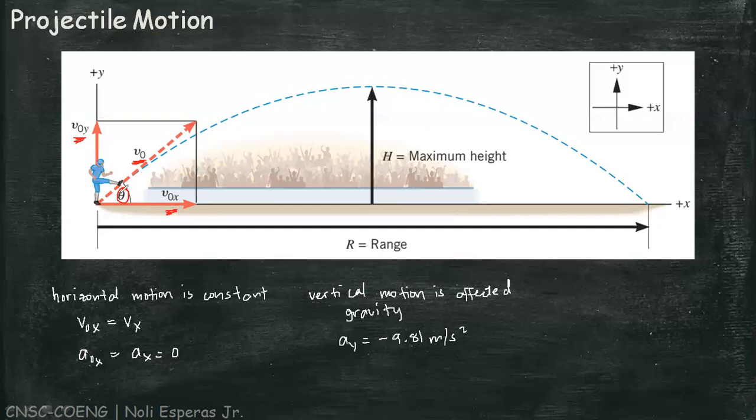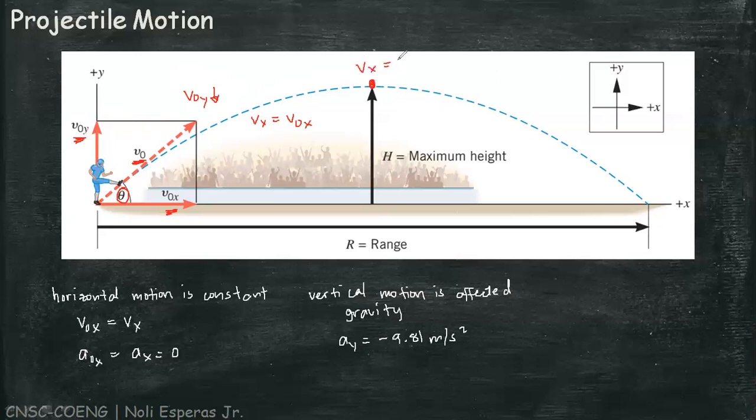So as it travels in air, Vx is the same as the initial velocity. And Vy is decreasing as it reaches its maximum point.